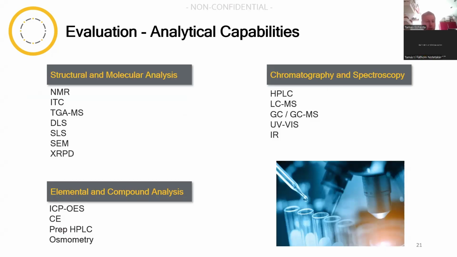So how do we evaluate if we could create this nice complex? Luckily, we have a myriad of techniques that are possible. Practically, what we say is that any analytical technique that can distinguish between a complexed active ingredient and the naked active ingredient is suitable to detect the complexation.